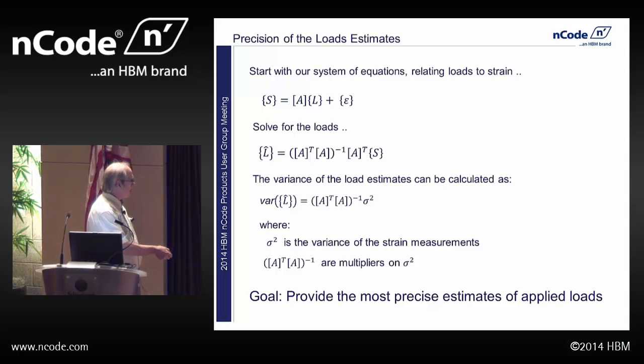But the second piece is composed of the strain sensitivity matrix. Think of it as the multiplier that moves my strain measurement errors through to get load measurement errors. What we want to do is control that quantity. If I can control that quantity, I can generate an estimate of my loads more precisely.